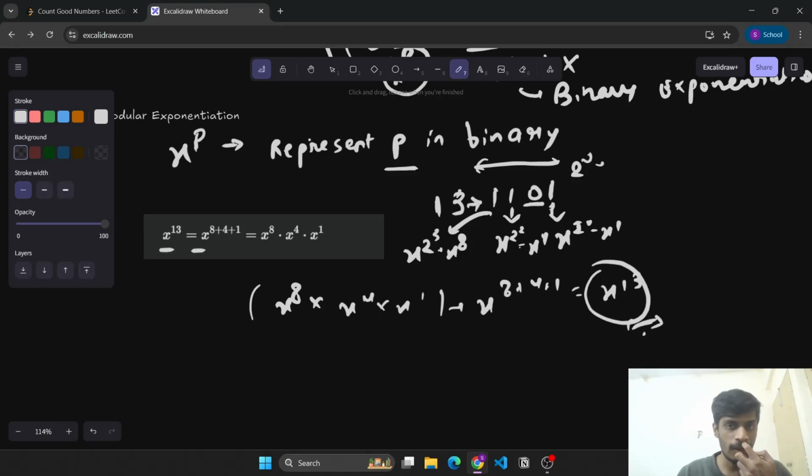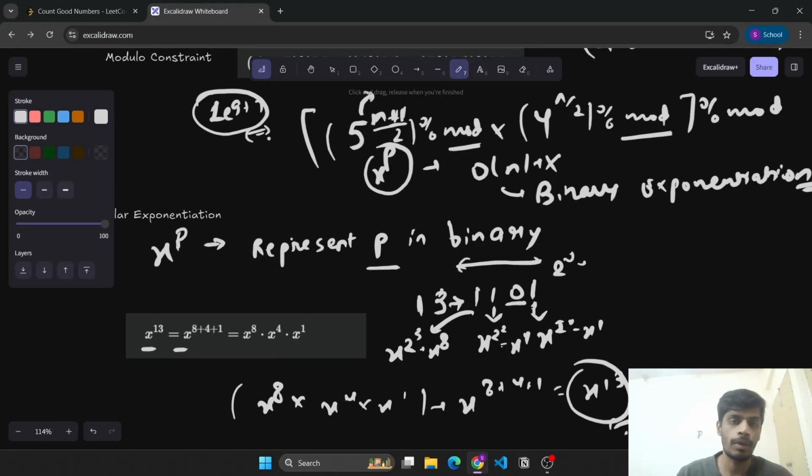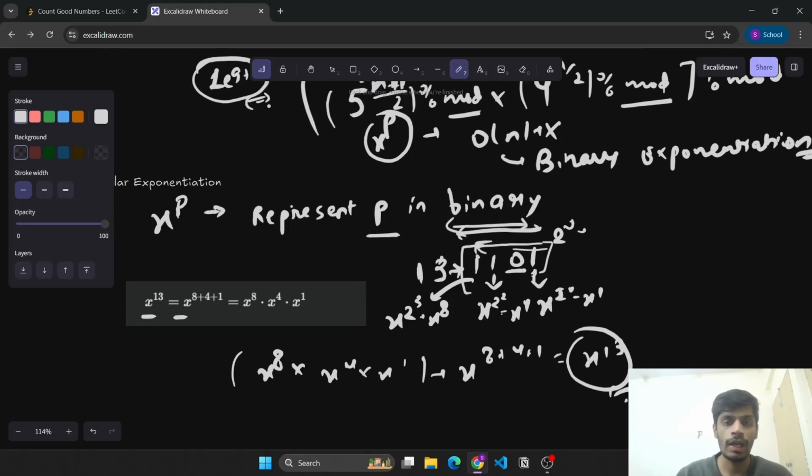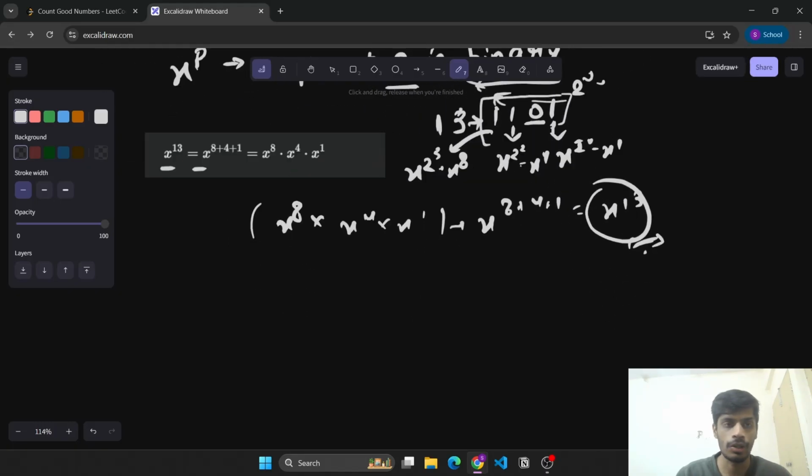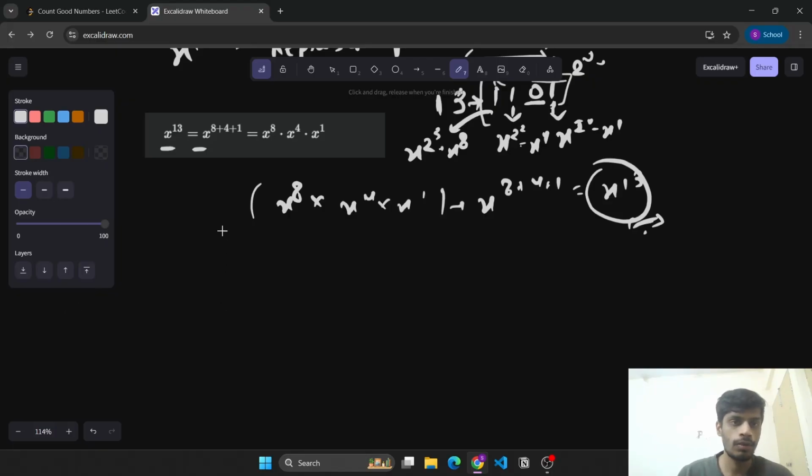So if we convert the power into a binary representation, then we can calculate x to the power p only by iterating through the set bits of the given number, right? That is what we generally do in binary exponentiation. For example, if we wanted to calculate 5 to the power 13, the binary representation is 1101, right?